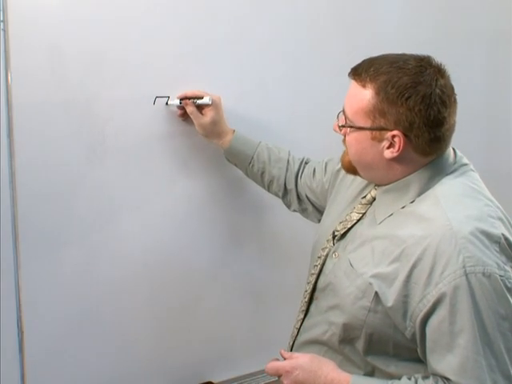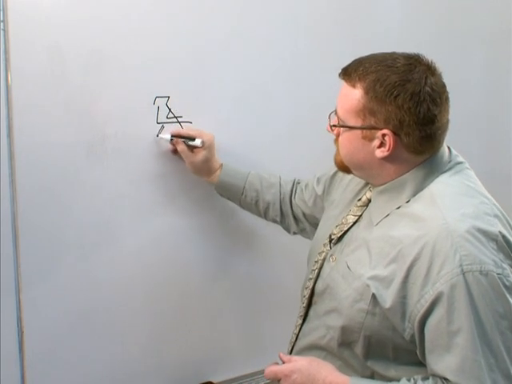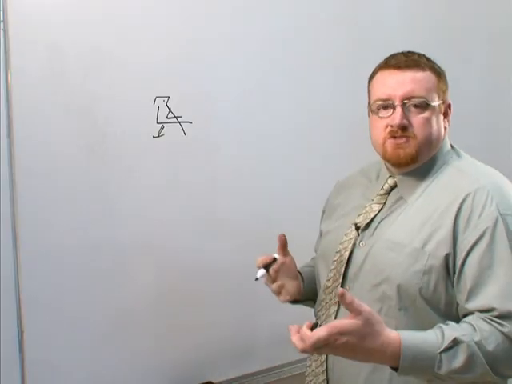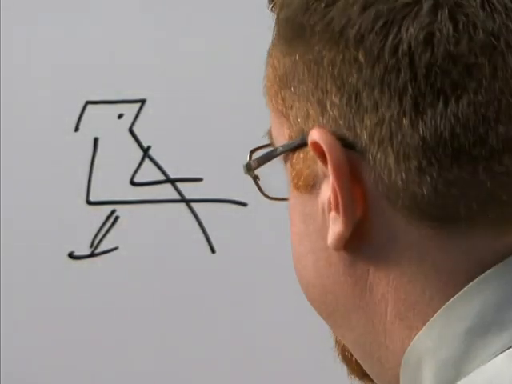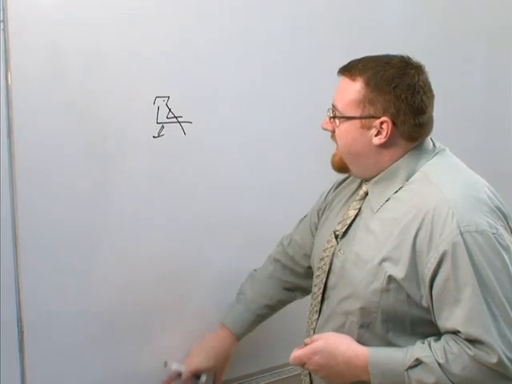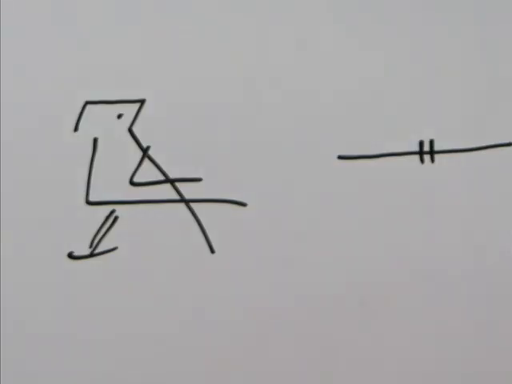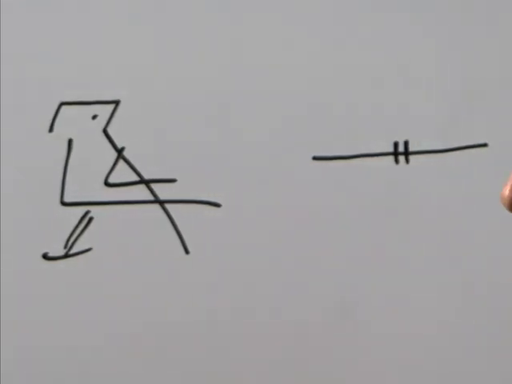Another common sign you have is this one, which is actually a vulture, which represents an aleph, which is kind of an ah sound. We also have this sign, which is a door bolt, which is something like a Z sound.